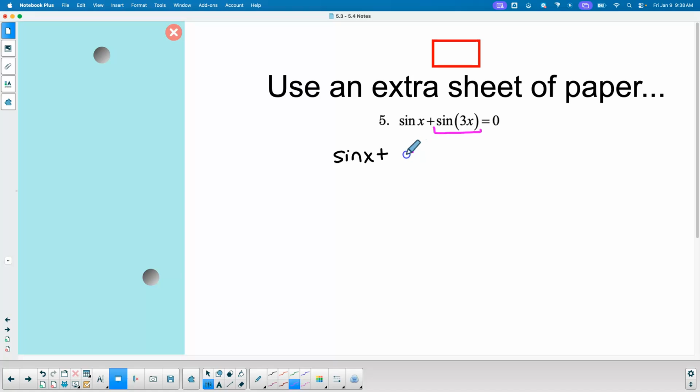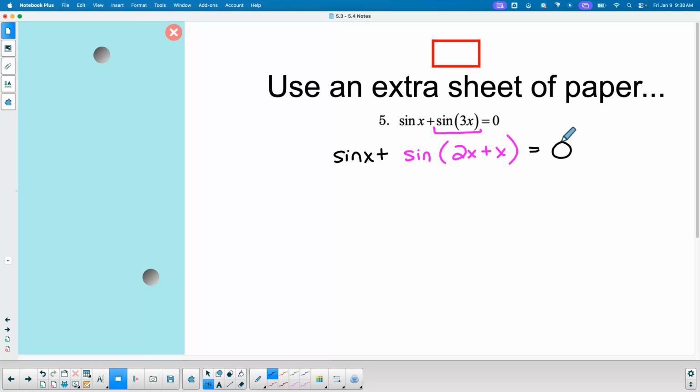So that would be the sine of 2x plus x. Do we agree with that statement? That 3x is 2x plus x.